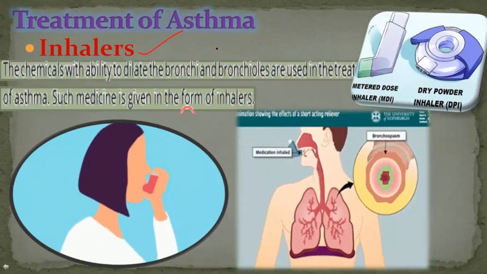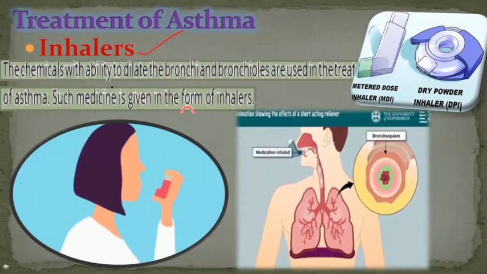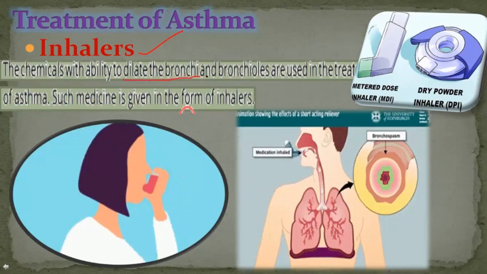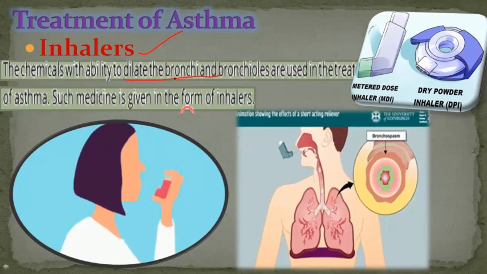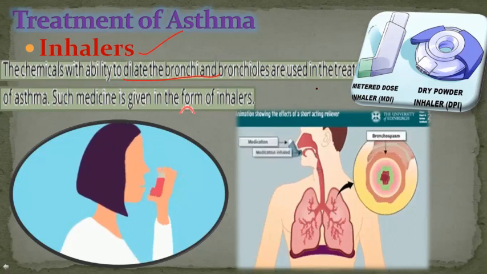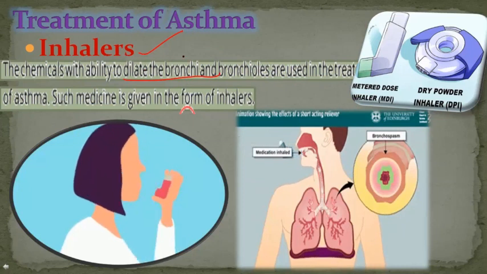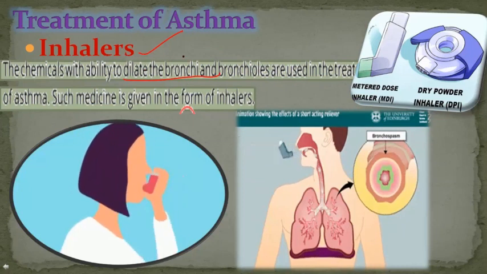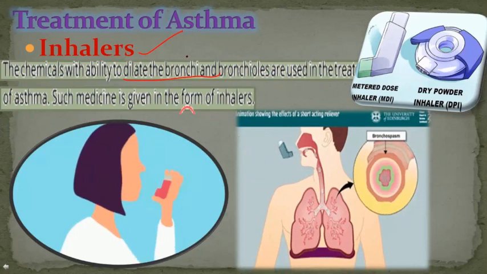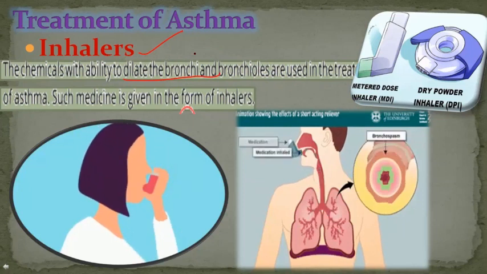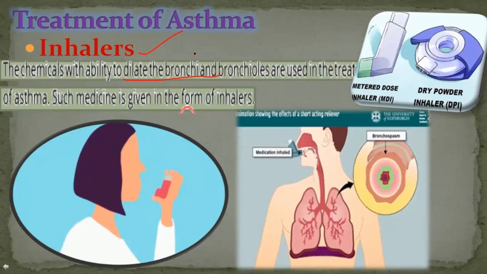So the doctors suggest inhalers, also called bronchodilators, which dilate the bronchi and bronchioles and are used in the treatment of asthma. Such medications are given in the form of inhalers because they are more effective than other medicines. Other medicines are also given with that, but they are more useful in the form of inhalers.